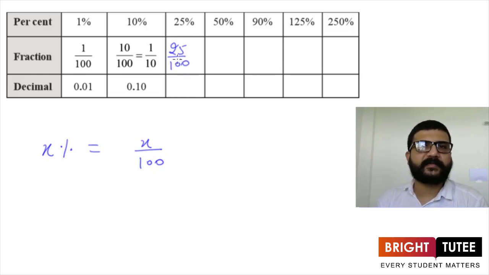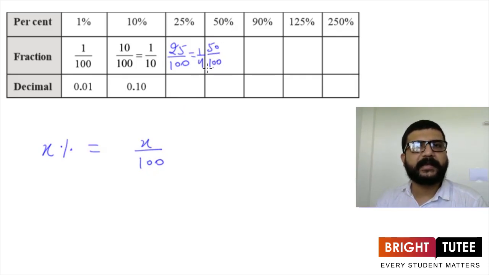Now we can simplify this further. 25 ones are 25, 25 fours are 100. So this is nothing but 1 upon 4. And the next one is 50%. So it will be 50 upon 100. We just have to remove the percentage sign and put 100 in the denominator. Now 50 upon 100 is nothing but 1 upon 2.